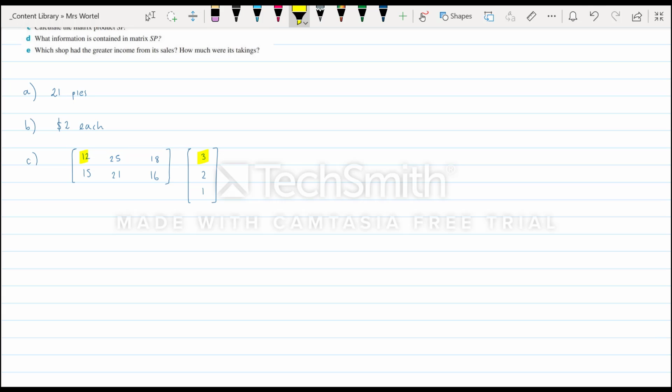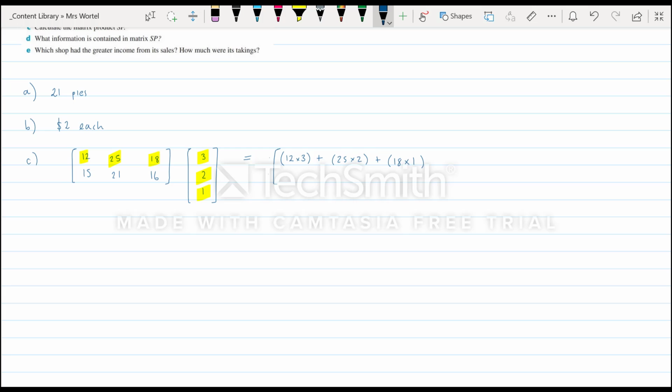So 12 multiplied by 3. And we know we're looking at, like we said before, something with 2 rows and just 1 column. So 12 times 3 plus our next corresponding 25 times 2 plus our next corresponding 18 times 1.